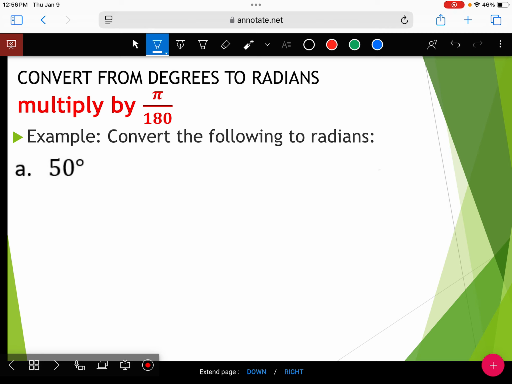So if I multiply 50 degrees by pi over 180, then I get 50 pi over 180.